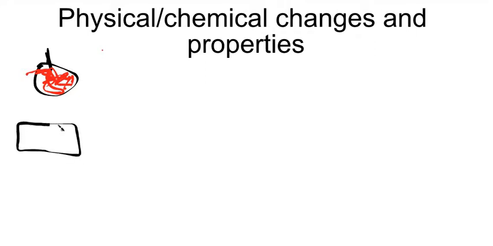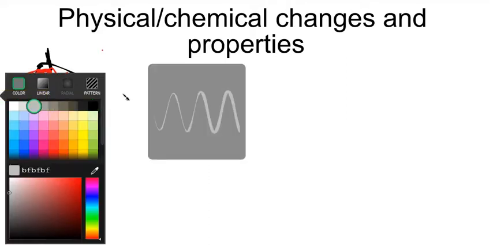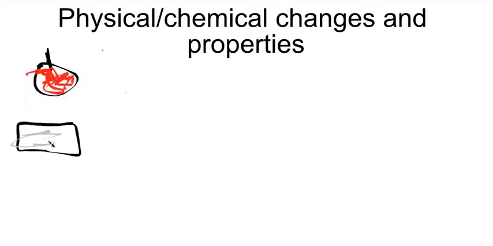Let's use a steel ingot. I hope everyone knows what that is, but if you don't, it is basically a block of steel. Its color is silver. Its texture is very smooth. Another physical property is melting point.